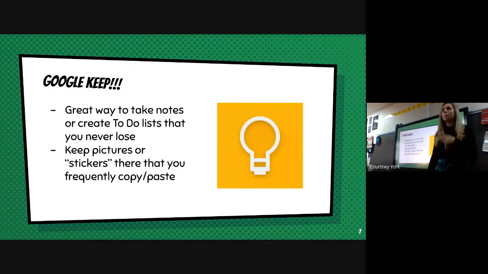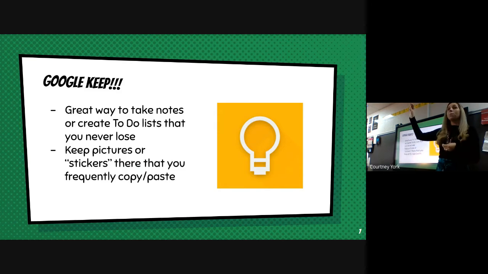Okay, Google Keep. If you look on the side of your Google Docs, your calendar, and I believe your Gmail, you will see a little tab on the side, and Google Keep is on there, and you can actually drag things over to that side.